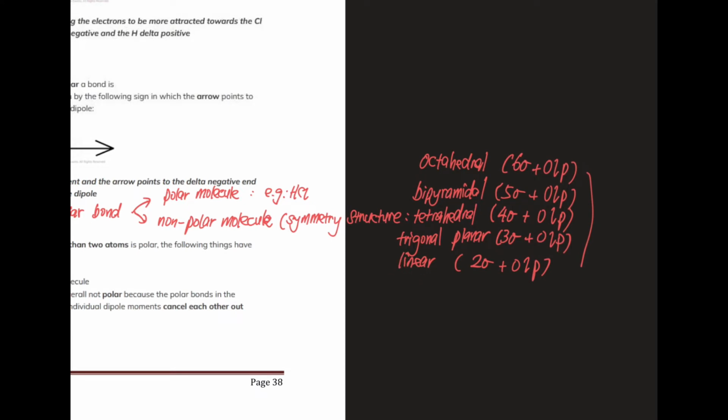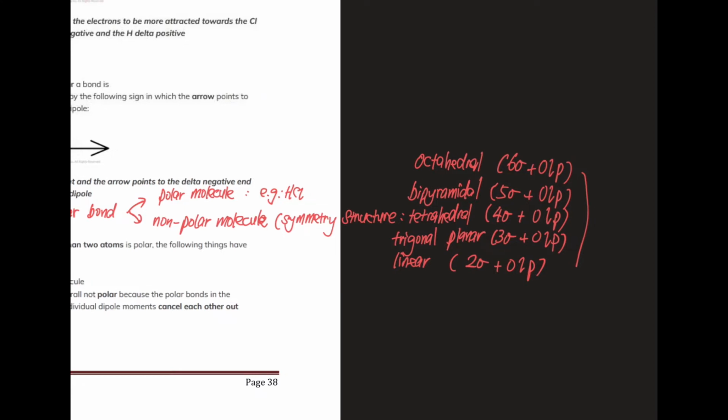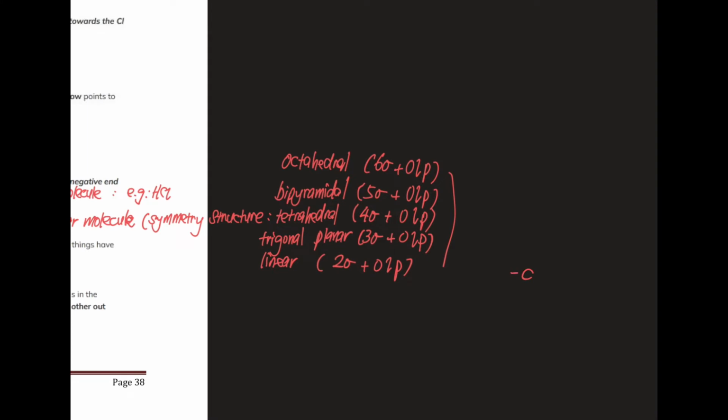Linear. Let's say for example, carbon dioxide. If you want to know whether a covalent bond is polar or non-polar, it's very easy to decide. If there are different elements, then it is a polar bond.